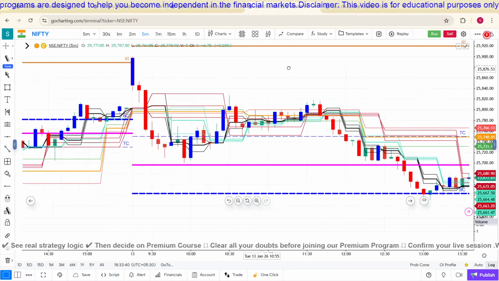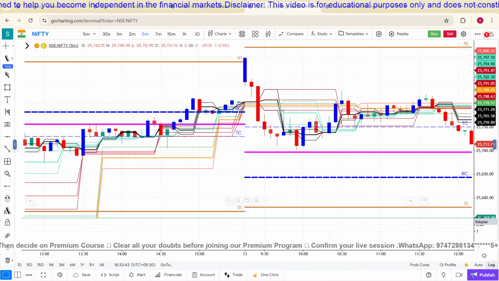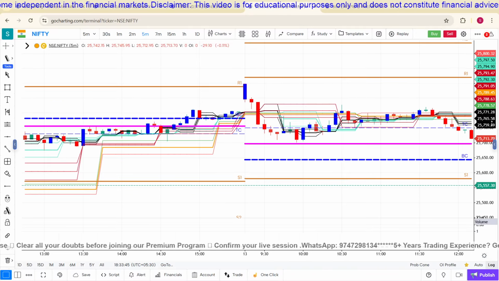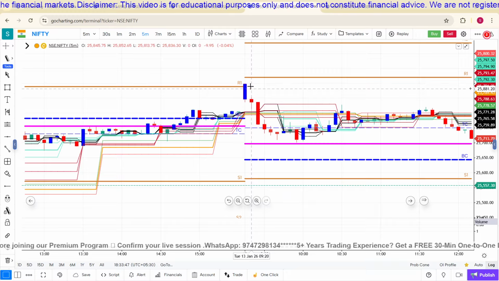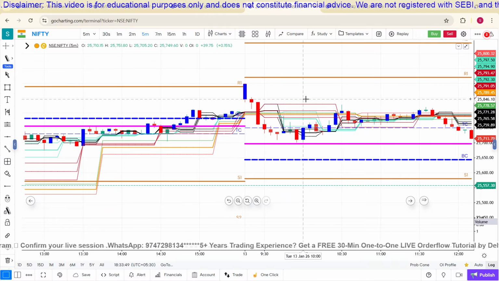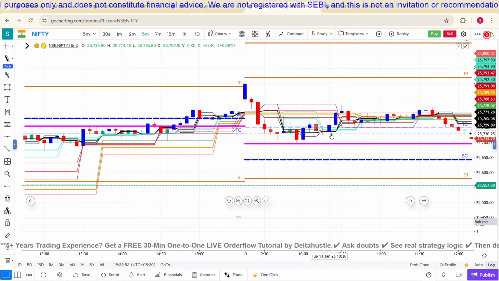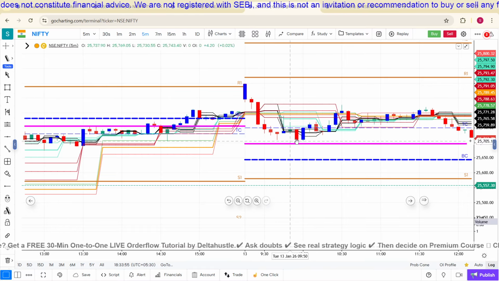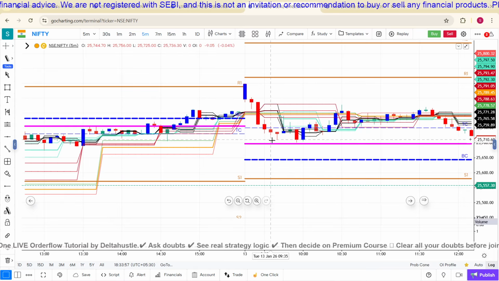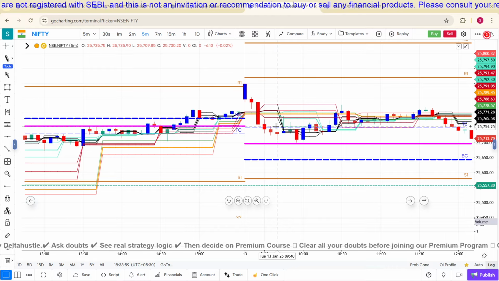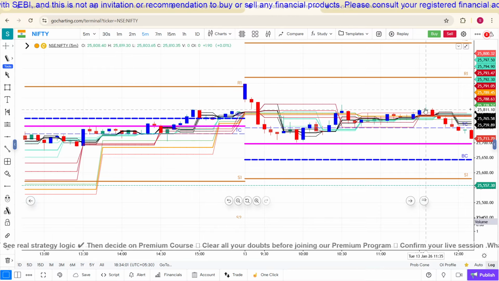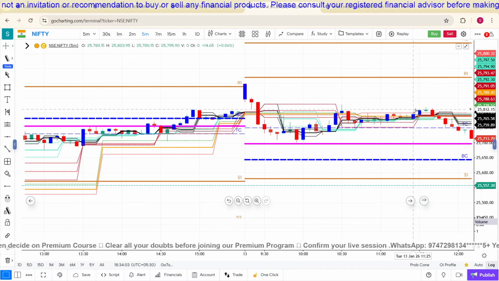Then another important point to remember is, every time you are trading with a dynamic CPR, don't trade in this overlapping zone. Yeah, it is a trap. And from here to here, we never got a buy.